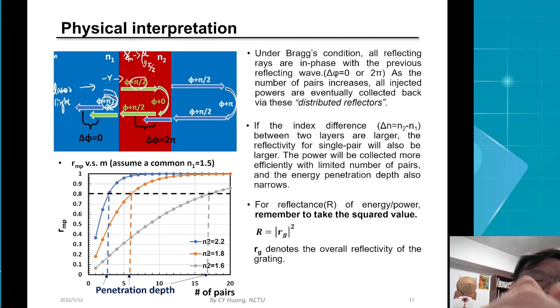So it will give a half of pi delay propagating to the right. In the second reflection, since it is from the high index to the low index, the r is positive, so the reflection doesn't add any phase change.